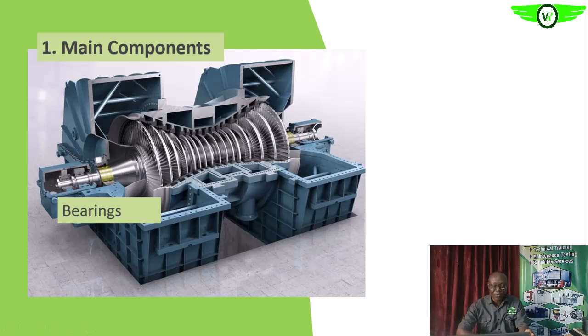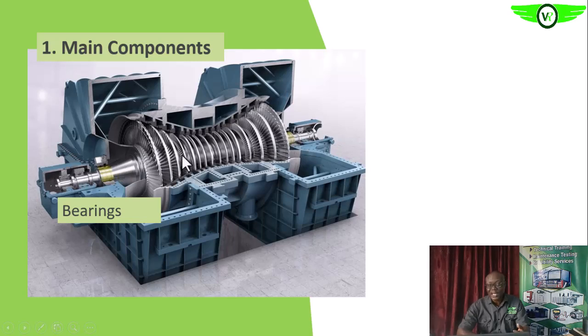We have one at the front and another at the rear. So it supports the weight and eases the rotation of the rotor around the turbine casing. So that's the bearing. We have one here and another here.